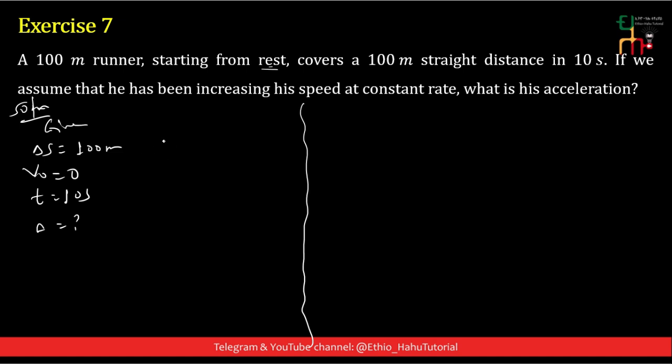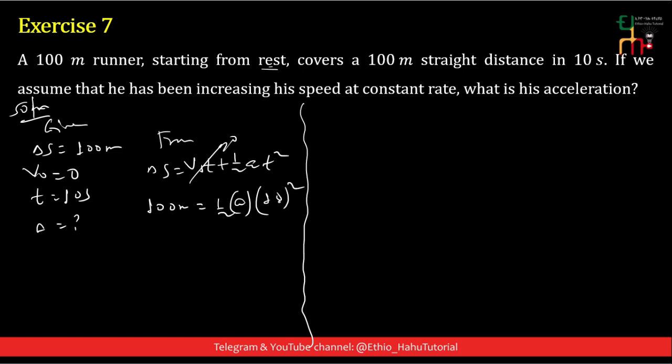From kinematics of particles, displacement is equal to v0 times t plus half a t squared. Displacement is 100 meter, equal to v0, which is 0 because the runner starts from rest, plus 1 over 2 times acceleration times 10 squared. 100 meters is equal to 1 over 2 times acceleration times 100. 100 goes with 100.